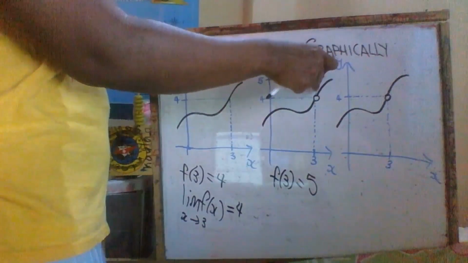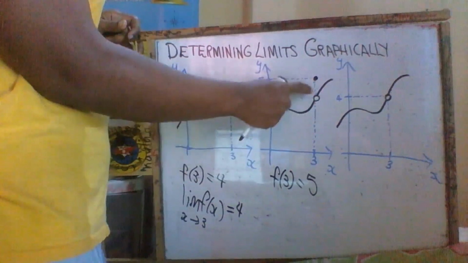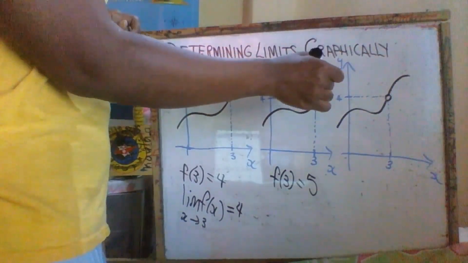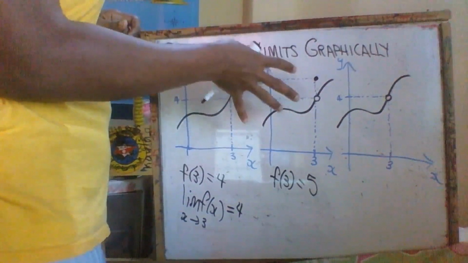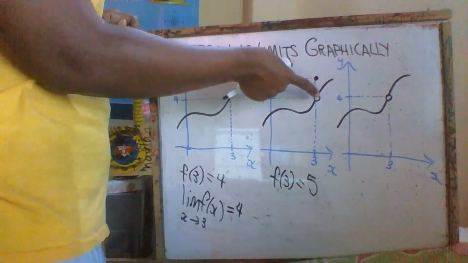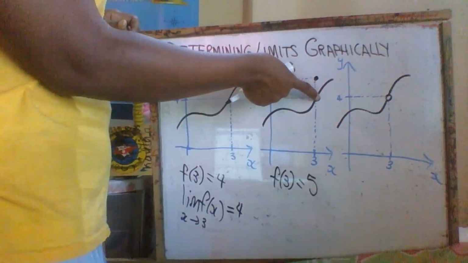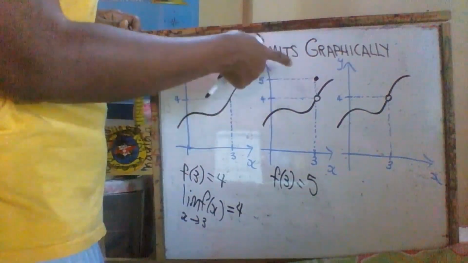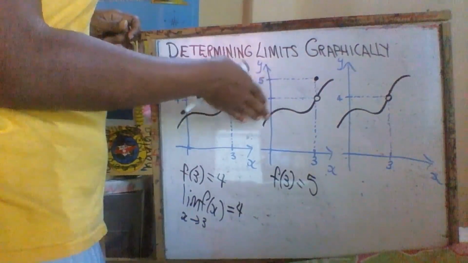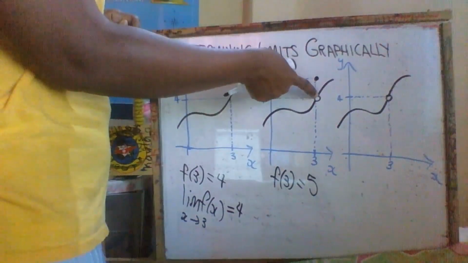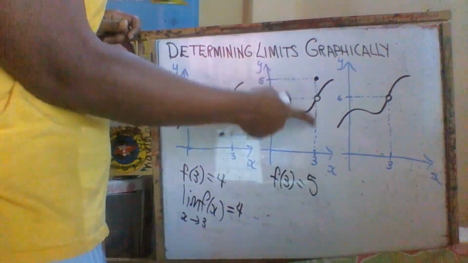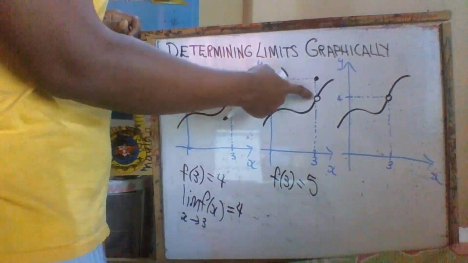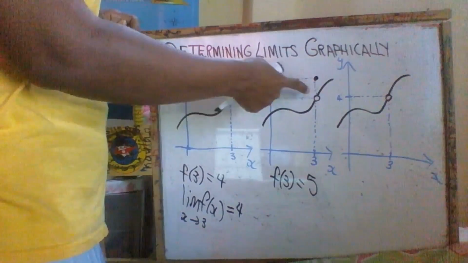But we know we're approaching x equals 3, and it's apparent that we're going towards a y value of 4, even though if you look at your graph, you'll see that it's not actually defined there. But for limits, we don't care about if it's defined there. And that's the point of this one, is that I wanted to show you that no matter what is actually happening at x equals 3 in this case, my limit is actually still 4.